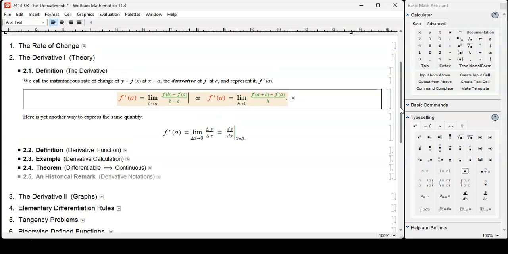Which method do you like better? Well, if you said neither, then you are one of those 99% of the people. We're going to learn much easier methods pretty soon, but please be patient. Let's take care of some terminologies here and there before moving on to the derivative function and how to calculate the derivative function.